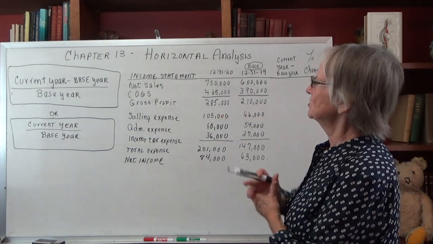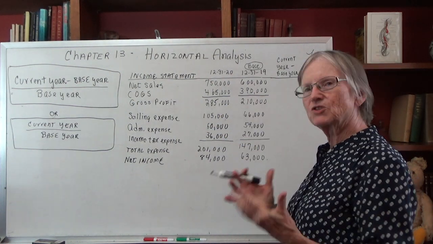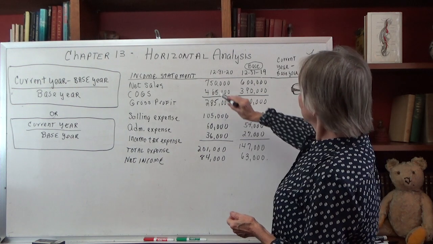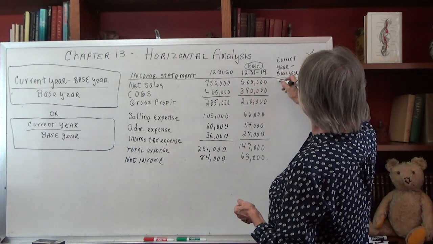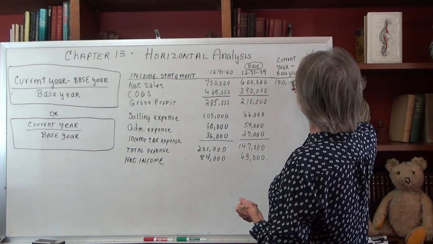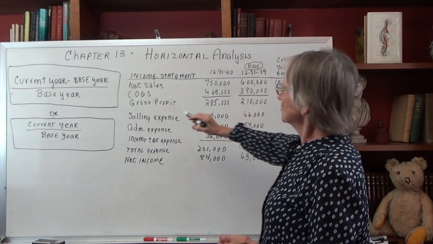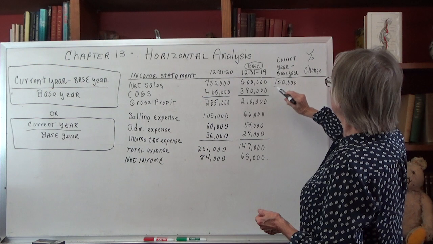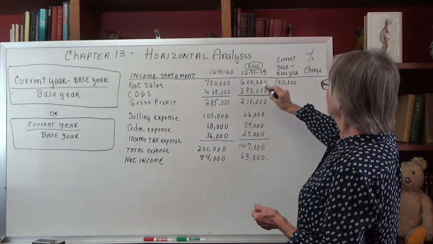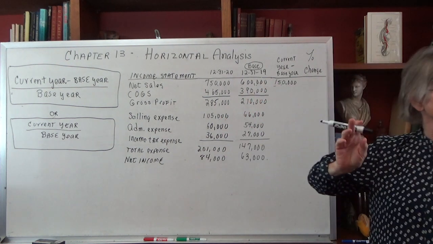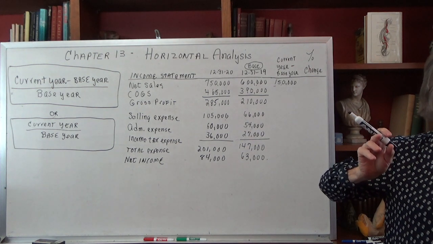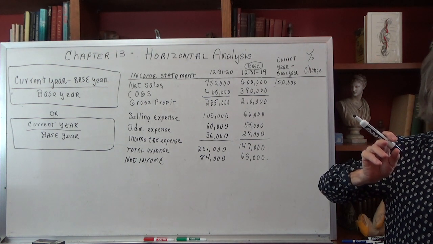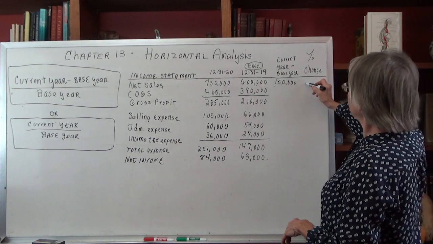Okay, so if we're going to do the calculations, let's just do the first one. Current year minus the base year, divided by the base year, and this is how you get the percent change. So current year minus the base year, you get the change of 150,000. That's the top part, and then you divide that by the base year, so 150 divided by the 600,000, and you get, bear with me a moment here, 25%.